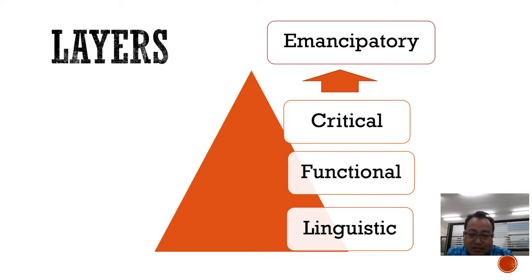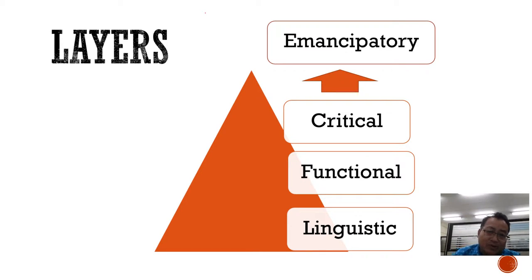Emancipatory is at the top of all the layers because it enables you to get yourself out of the trap of criticality, the trap of functionality, and the trap of linguistic elements or linguistic components that you have.